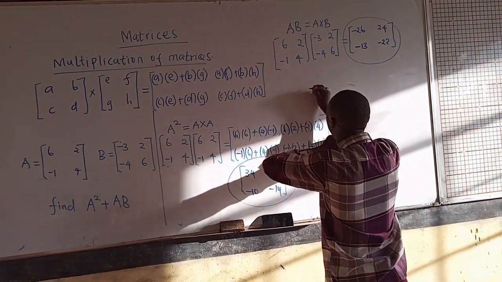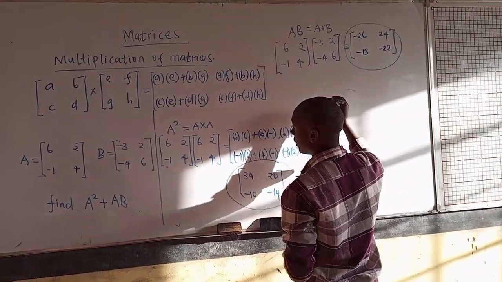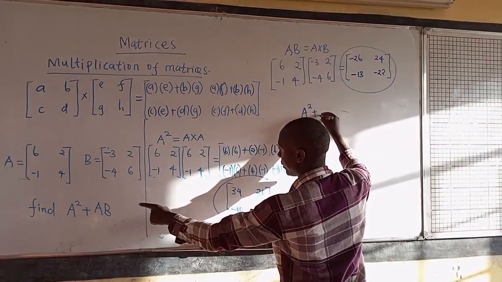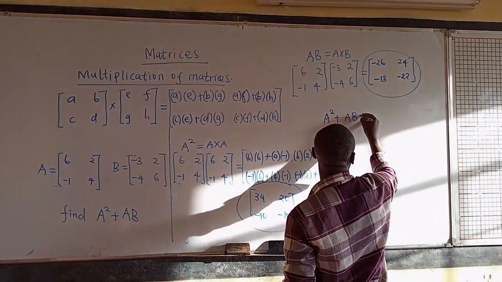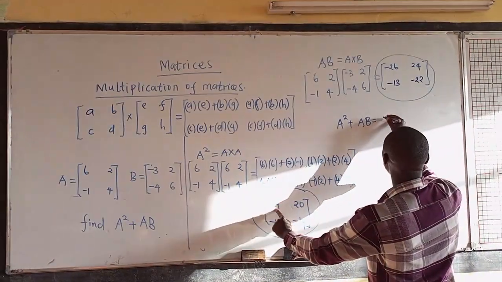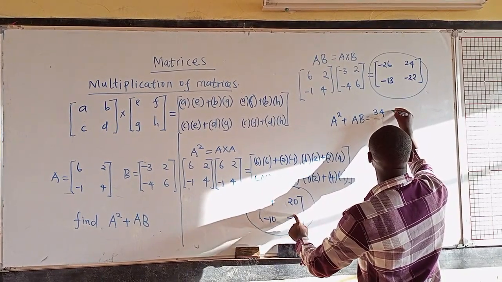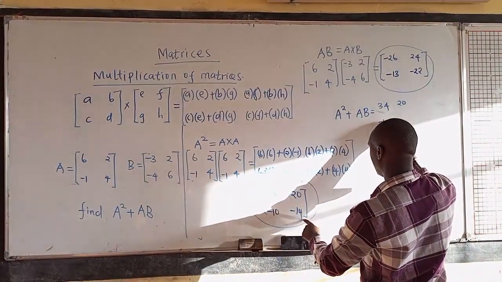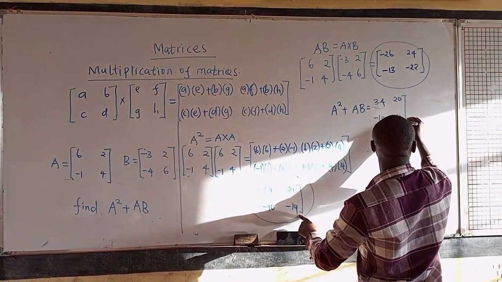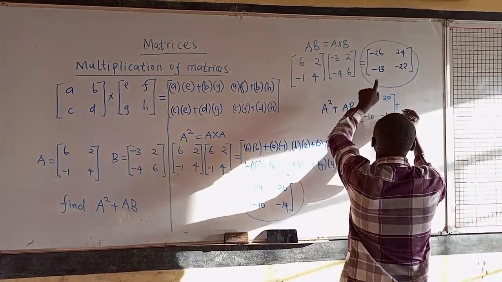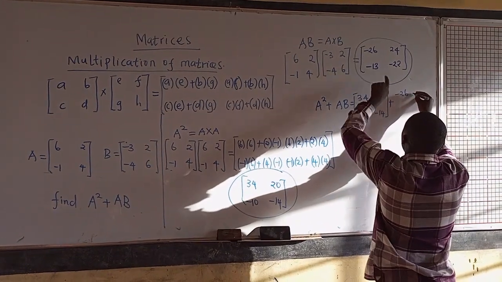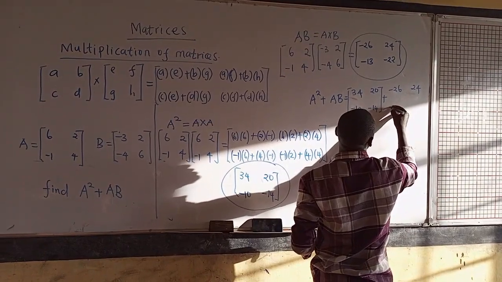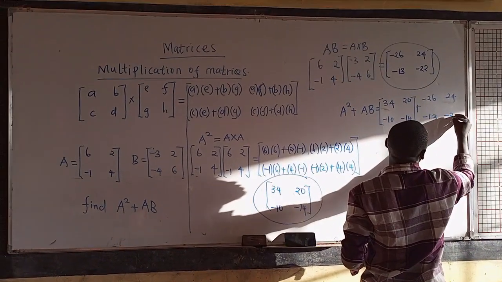So it means that A squared plus AB is going to be equal to A squared is 34, 20, negative 10, negative 14, and we are supposed to add that to negative 26, 24, negative 13, negative 22.